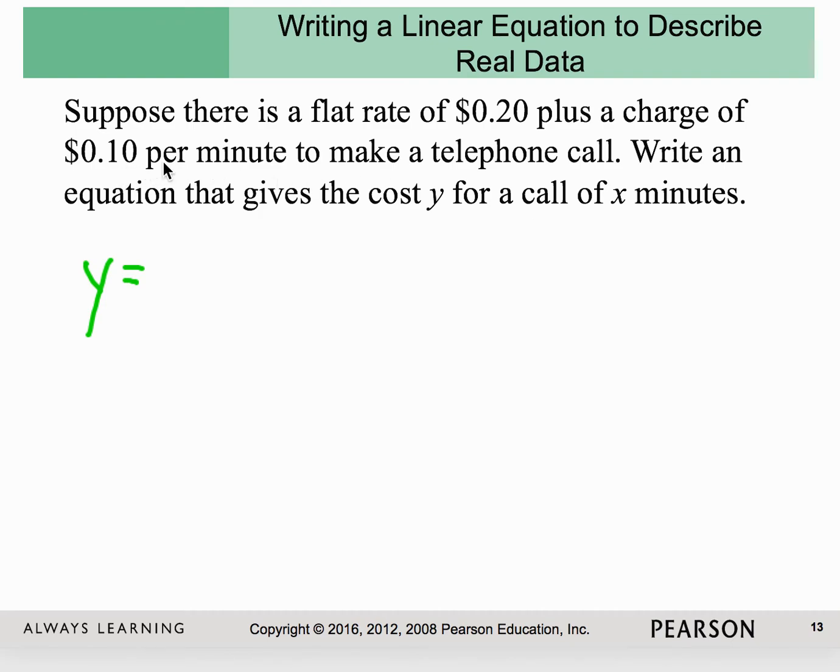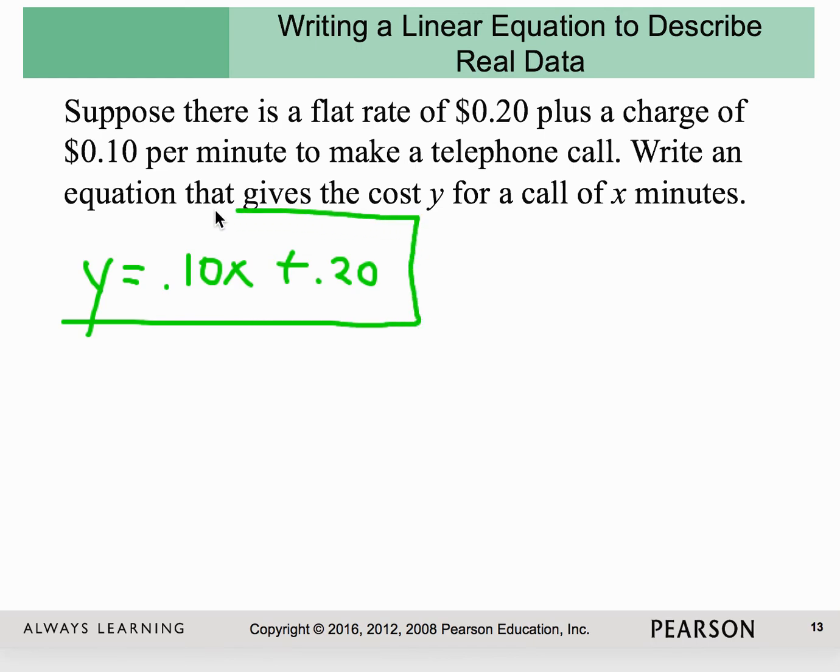If it's 10 cents per minute, the way I would write that is 10 cents times x for every minute. If you talk 2 minutes, 10 cents times 2, 20 cents. Right? Plus, but then there's this flat rate, just 20 cents. That's it. That's your equation. Notice it's in slope-intercept form.